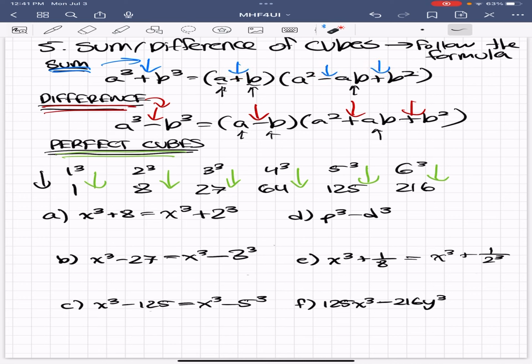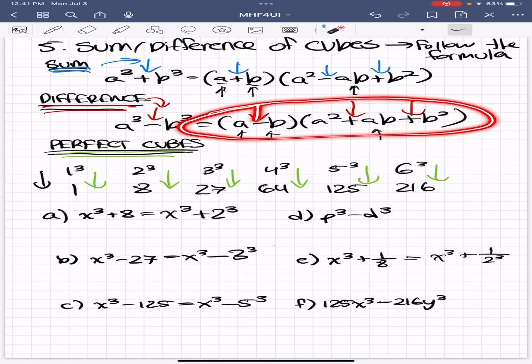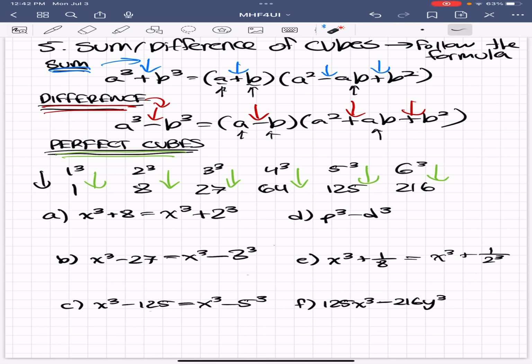Now for difference, it's a to the power 3 minus b to the power of 3. And then I have the formula right here. Notice I'm highlighting the operational signs. This one's a bit different. It's a negative first, then a positive, and another positive. The middle term right here, you're just multiplying these two terms together and either putting it behind a negative or a positive operational sign.